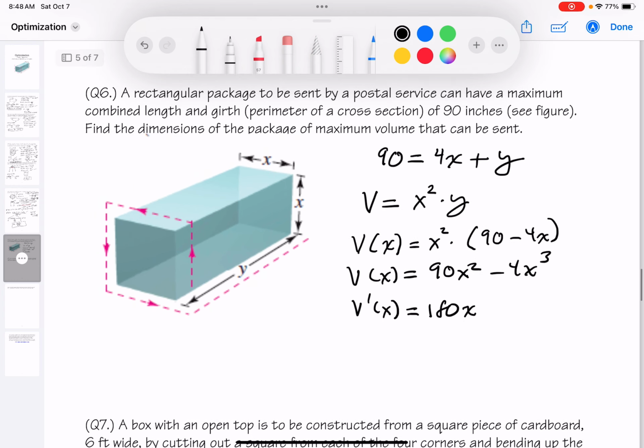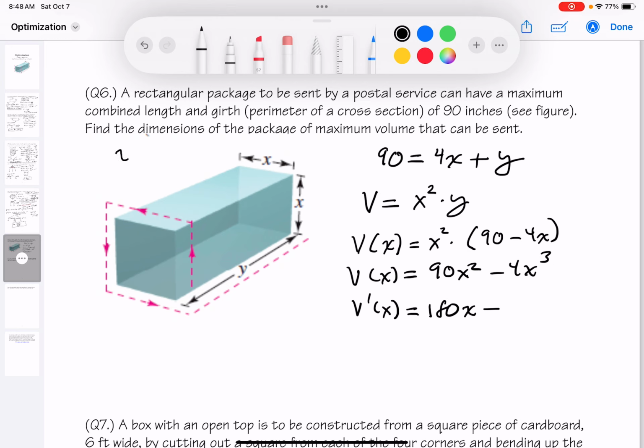Oh, by the way, before I go on, x has got to be greater than 0. All right? 180x minus, let's take a look at that. Oh, you know what? I could also bound x on the upper. Let me just do that for a second. I'm sorry about that.